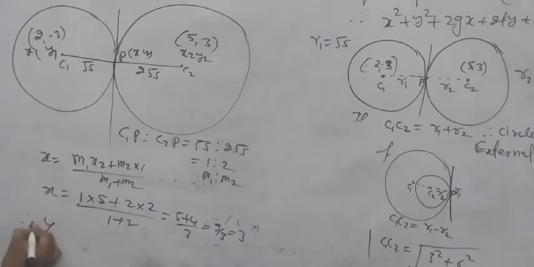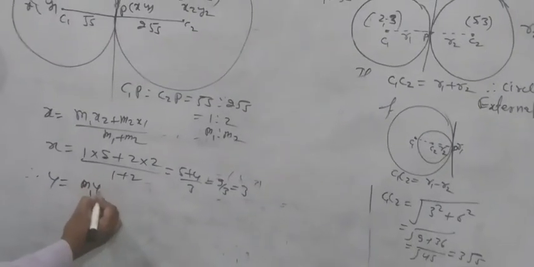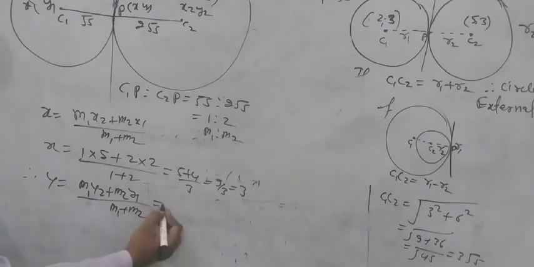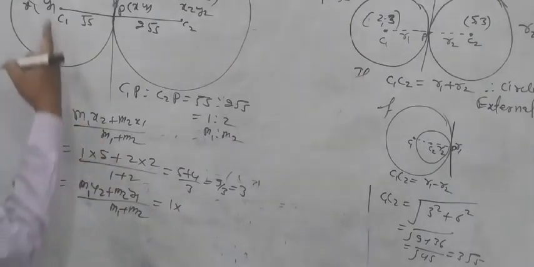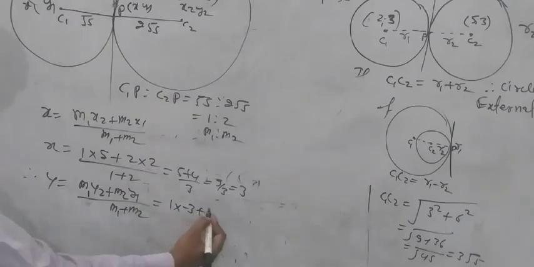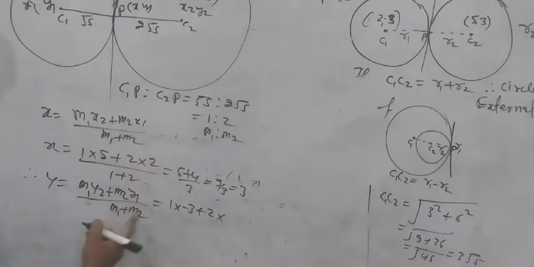And y is equal to (m1 y2 plus m2 y1) upon (m1 plus m2). m1 is equal to 1, into y2 means 3, plus m2 means 2 and y1 means minus 3.